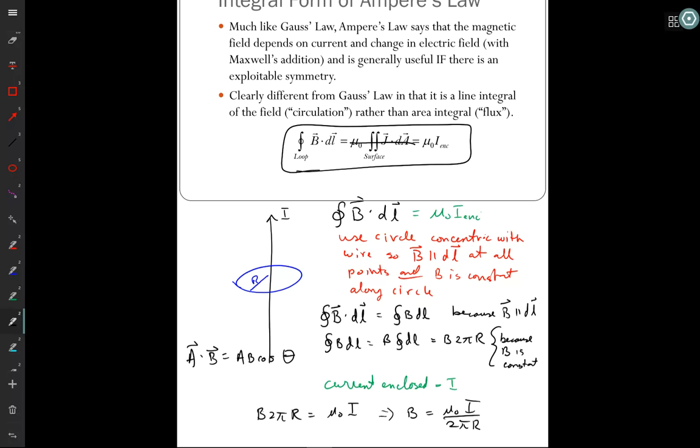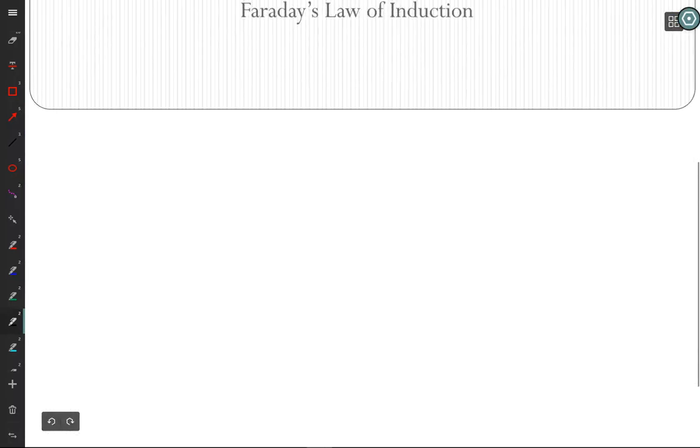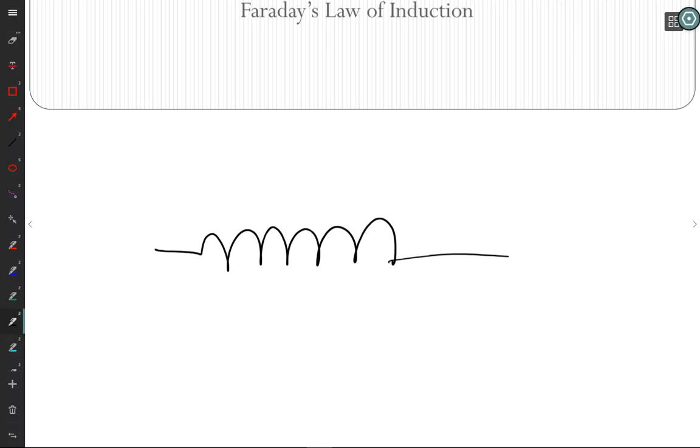So if the solenoid is like this, I should go back a page, well, two pages. I'm going to do it here. If I have a solenoid that's like this, okay, I drew an inductor because that's what a solenoid is, really, the same thing.